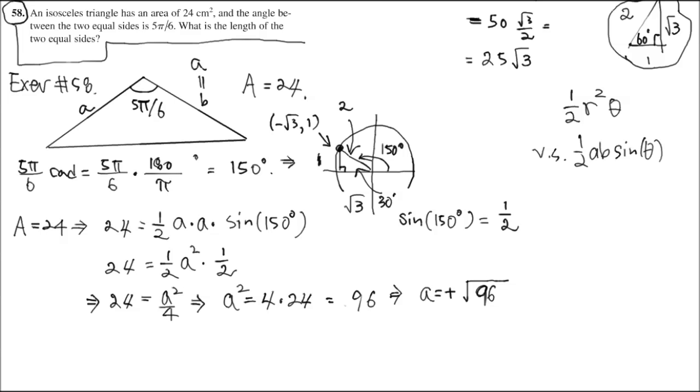Okay, first I convert the 5 pi over 6 radian to degree to handle it better, and that was 150 degree. And you probably figured out by now that if it is in between 0 and 180 degree, and we're talking about sine, it's always 180 minus that.